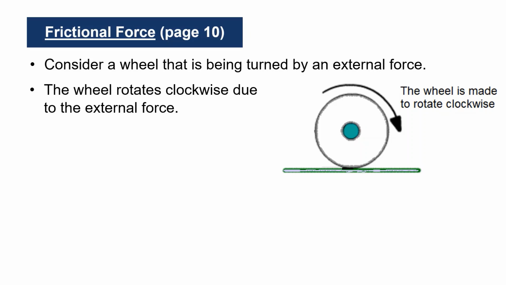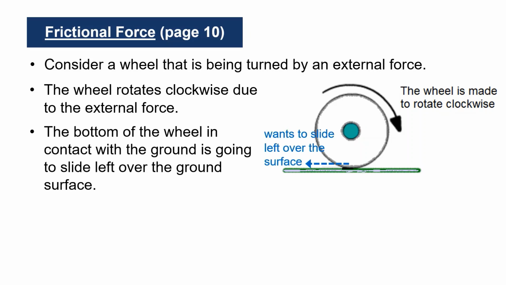So in this case, this external force is making the wheel rotate clockwise. So you can see that the wheel is rotating clockwise. Now look carefully at the point of contact at the bottom. If you look at the point of contact at the bottom, you'll realize the movement of this surface is to the left.